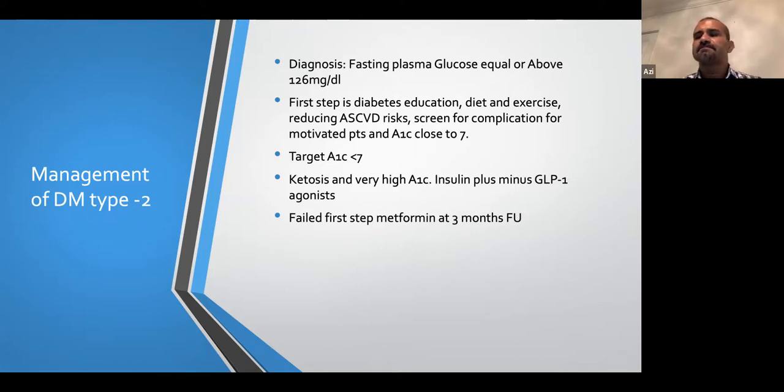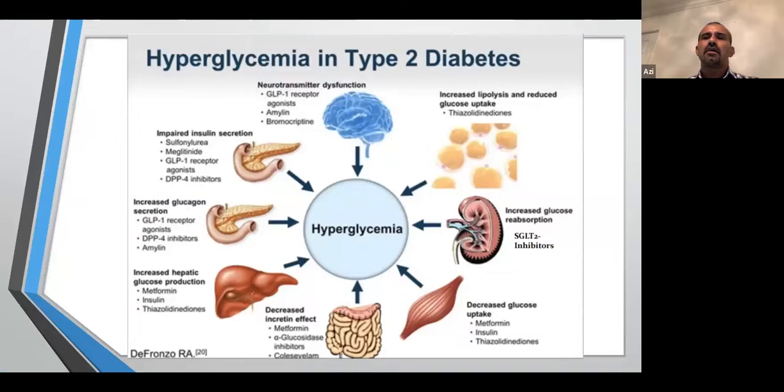Next slide, please. I love this diagram. I stole that from one lecture a long time ago. If you look at the diagram, it will tell us the defects of homeostasis and what medications would help correct that defect of glucose metabolism.